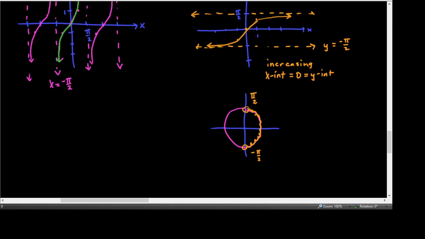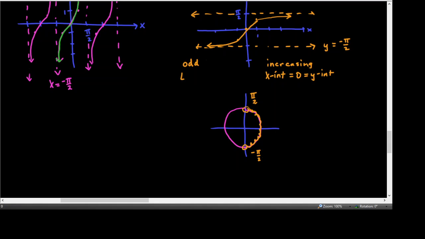Let's see if there's anything I forgot to say. Oh, it is symmetric with respect to the origin. So it is an odd function, which means it has an even-odd identity.